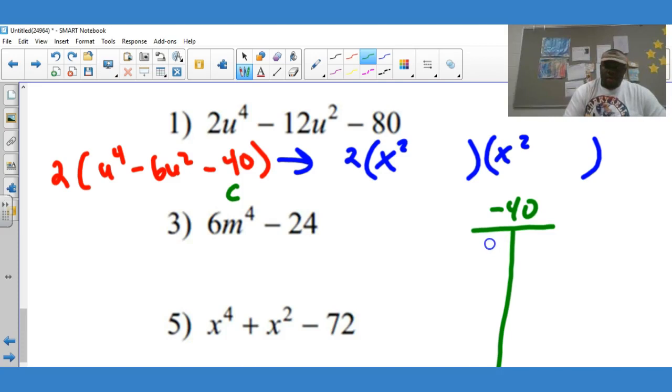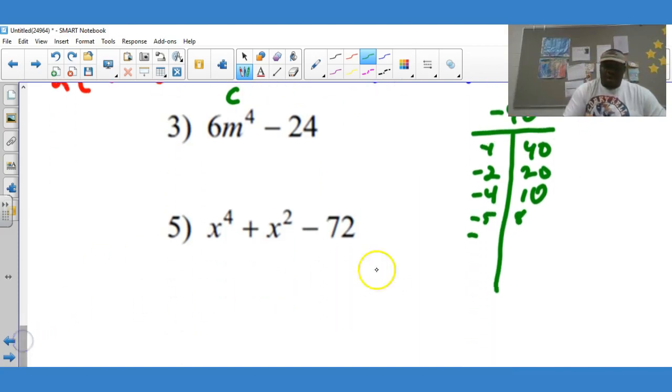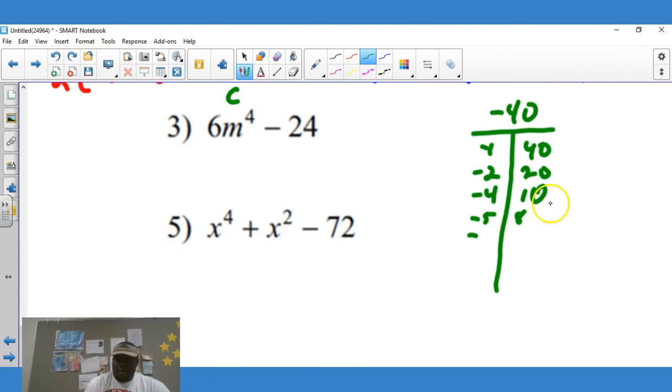Here, I'm going to do it like this: -1 and 40. You have -2 and 20. You have -4 and 10. You have -5 and 8. Then you have -8 and 5.